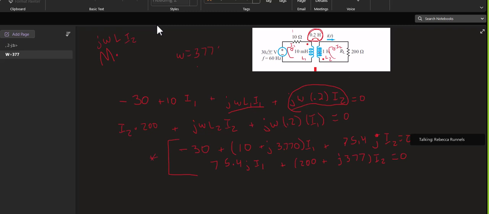And so this term gets the M because of the mutual inductance, and then the I2 is because it's going through another inductor.